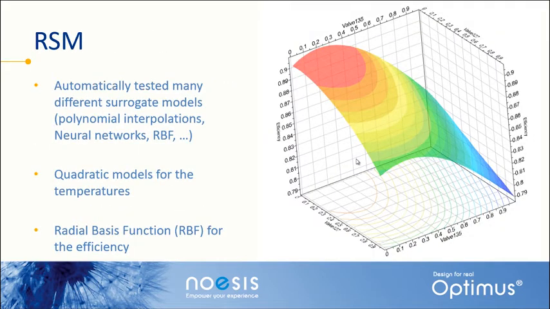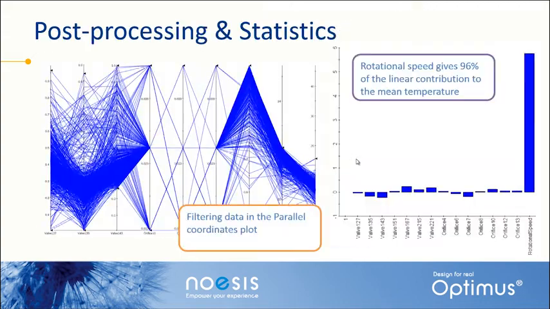In fact, Optimus has a tool which will go through and test about 20 different response surface models and select the best fitting response surface model for each of the outputs. In this situation, we found that the quadratic model was the most appropriate for the temperatures, and the radial basis function model was the most adequate for the efficiency calculation.